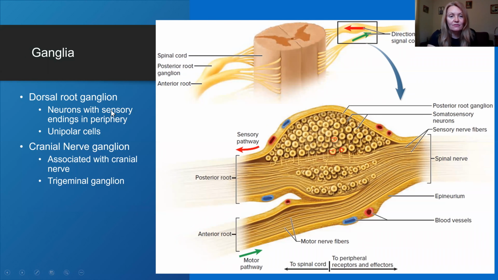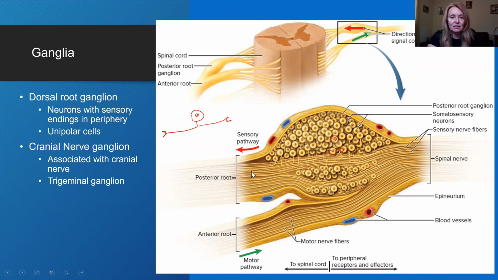So neurons with sensory endings in the periphery, and those are unipolar cells. So the ones that look like this. You have a cell body and you have like two processes. Right? So this cell body will be found inside this ganglion.